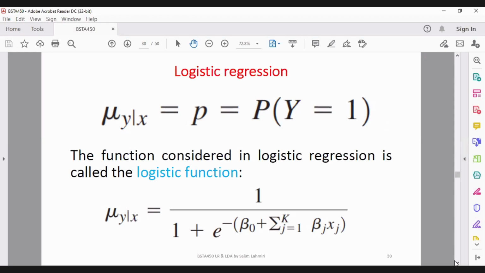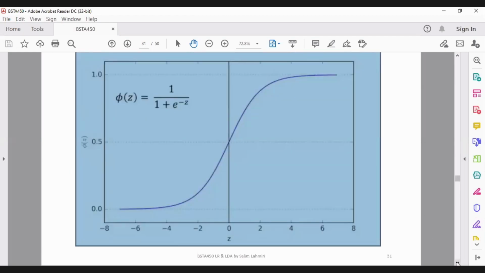This can be seen graphically in this figure, where phi of zeta is always between 0 and 1. Whatever zeta is, it belongs to R, going from minus infinity to plus infinity, and the corresponding output phi of zeta is always between 0 and 1.